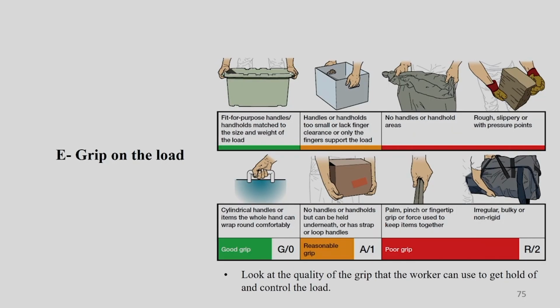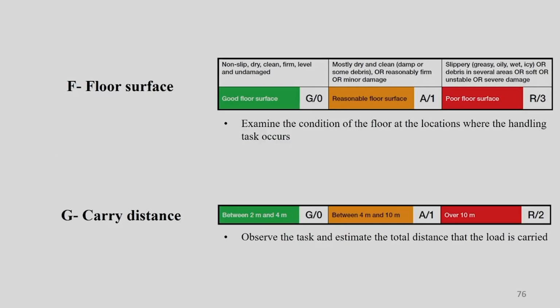So small things you are holding like this. And irregular, bulky or non-rigid items will be poor grip, that is red color, and we will give the number as 2. Fine. So this way we will be calculating the values for grip on load.